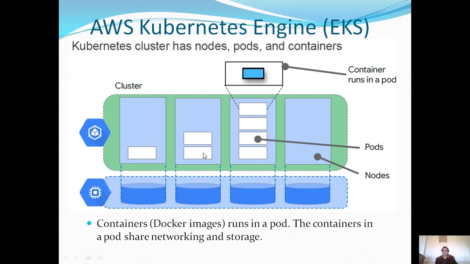It has the cluster, there are nodes available, and within the nodes the deployable unit is the pod, and the Docker container images run on the pod, right? The containers in the pod share the networking and storage. That means one pod can talk to another pod using the private IP, and it can share the same storage as well.